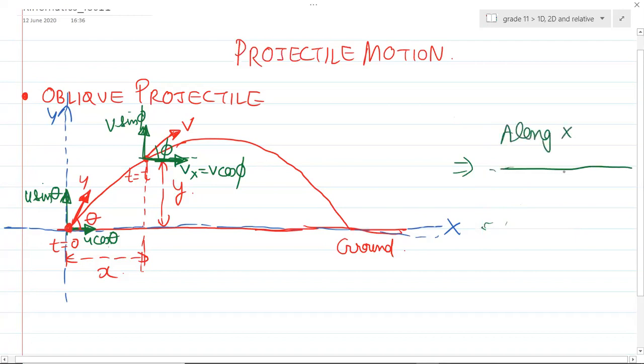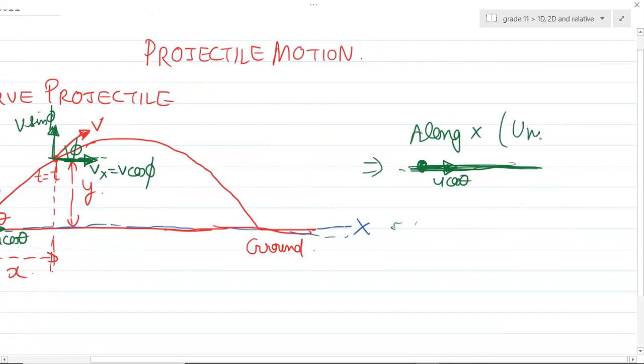This will be the ground level, and the object is moving with the initial velocity u cos theta, and it will keep on moving throughout. So you can write it over here. Why does it become uniform motion, sir? Is there any proof for this? Yes, there is. So we'll derive it throughout the lecture. Okay.